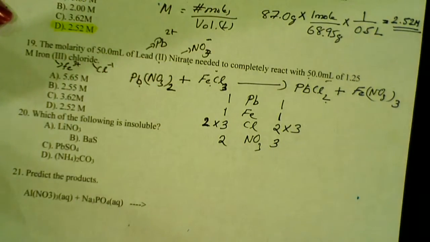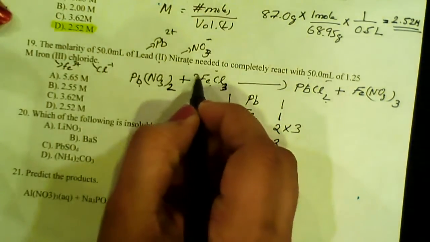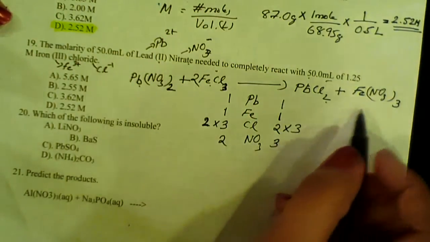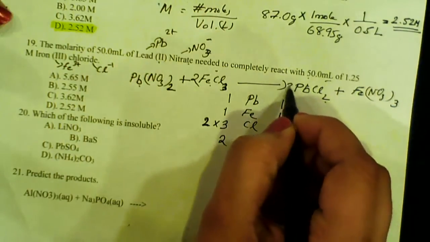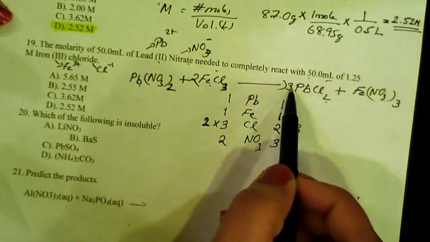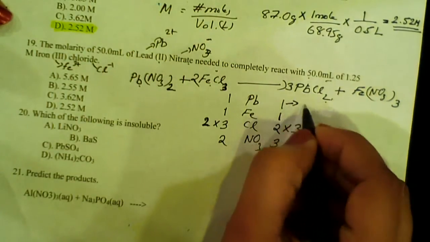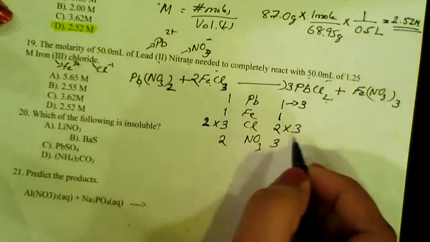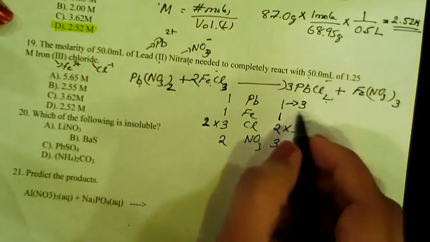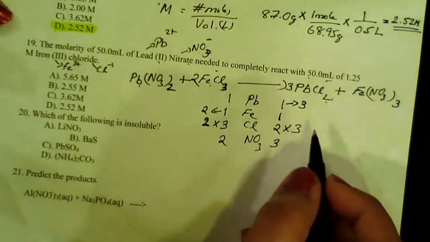If on both sides it is different numbers, but there is only one compound that has that molecule, you can just multiply with each other. So this side you have to multiply with 2 and this will be 3. So first balance chlorine, and that is going to eventually balance the other molecules also.